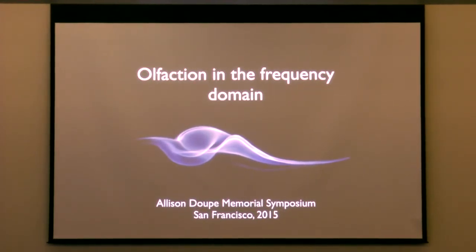But she combined this with a very hard-nosed interest in mechanisms, which you've heard a little bit about already today, and also in using quantitative approaches and quantitative models to really get insight into what the nervous system was doing.